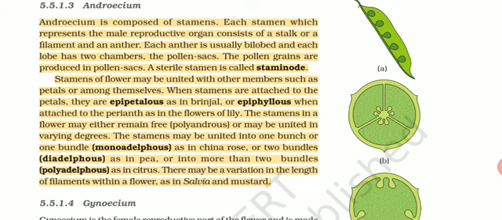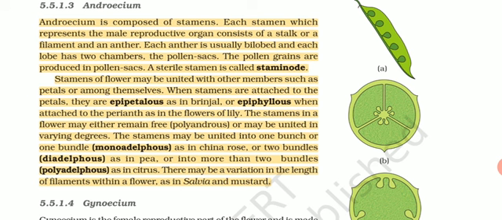As you have seen, many couples are not fertile, which means there can be some genetic disorders found in the person so that they are not able to reproduce and are not giving rise to a baby. So different techniques are available to us like test tube baby and many other in vitro techniques. Similarly, when stamens are sterile in nature, the opposite of sterile being fertile, those sterile stamens are called staminodes.